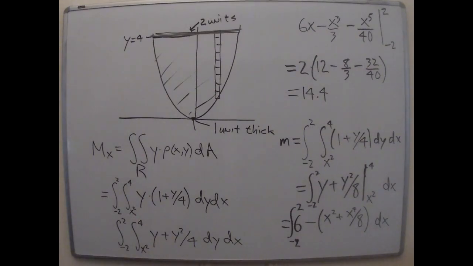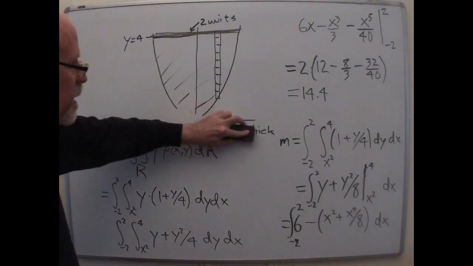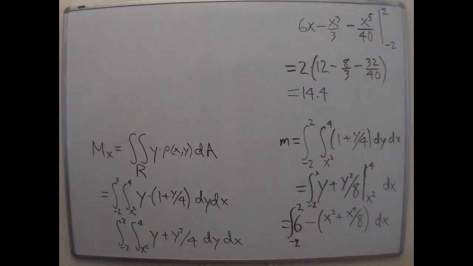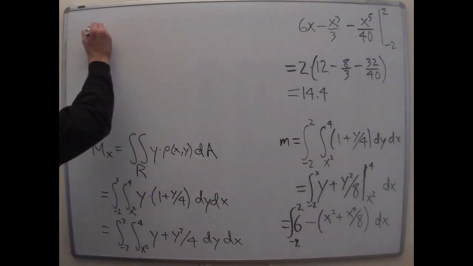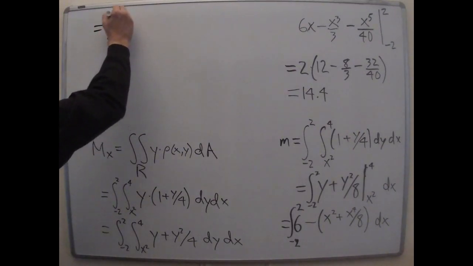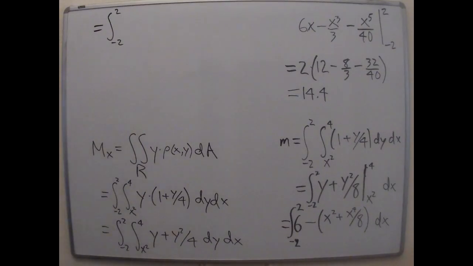I've been resisting erasing the diagram, but I think I'm going to do that now. Okay, this time I won't make the same boneheaded mistake I made before. I'm keeping the integral with respect to x. But let's go ahead and do the inside integral.